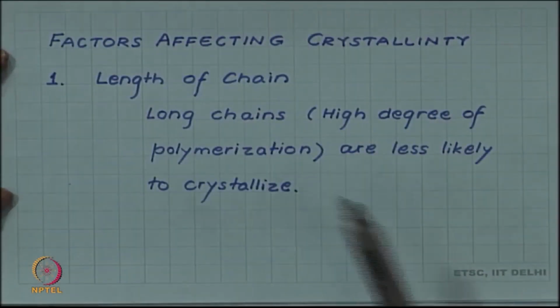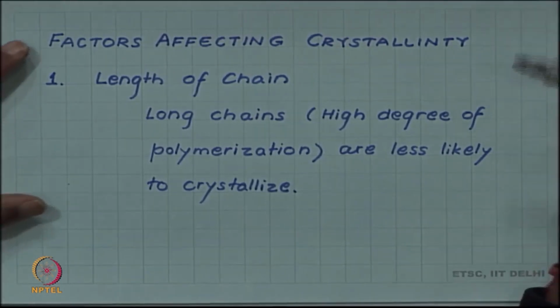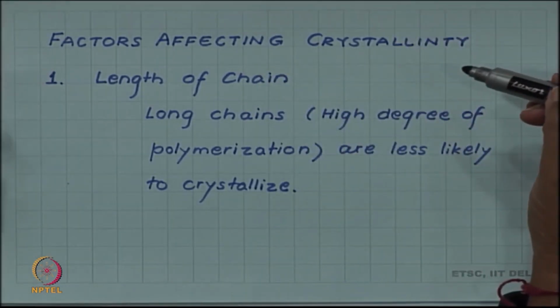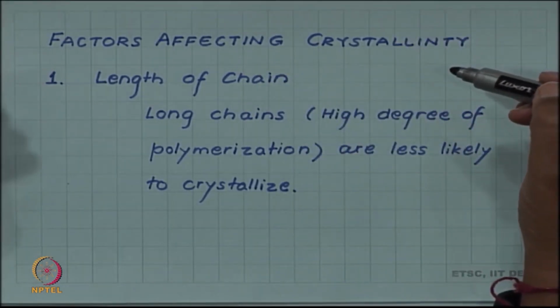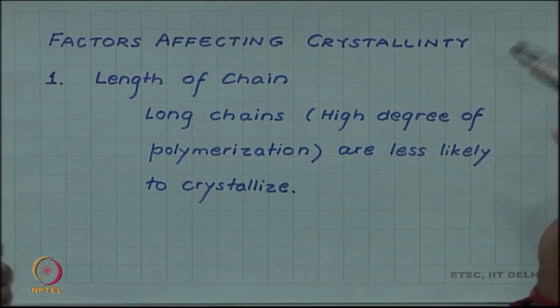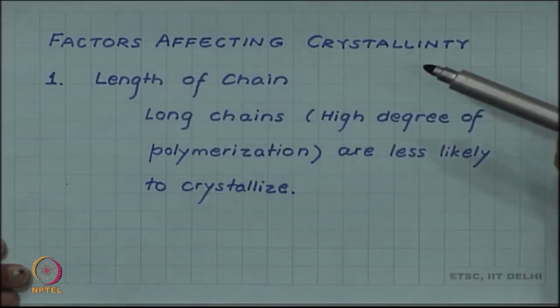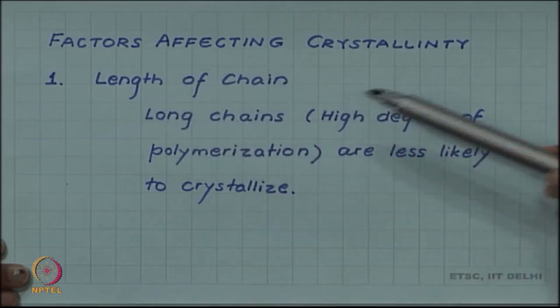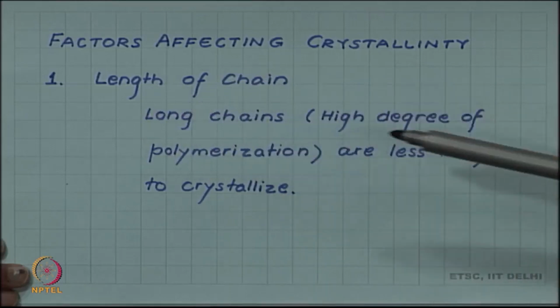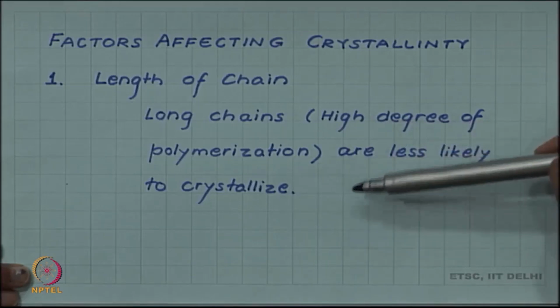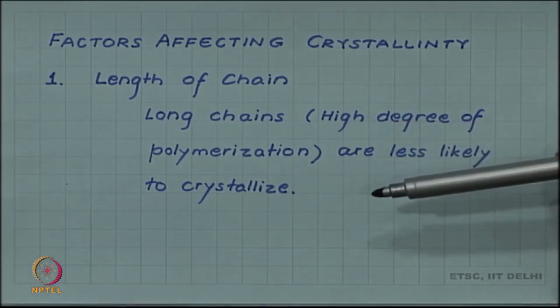Now, what are the factors? There are certain aspects of crystallization of polymers which depend upon the structure of the polymer. So, these factors are now listed. One of the factors is the length of the chain. If you have a long chain, that is, a high degree of polymerization, then these chains are less likely to crystallize.